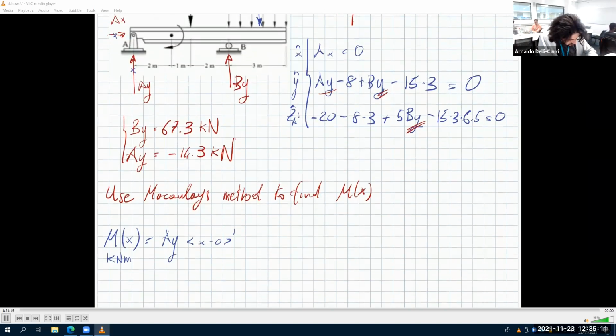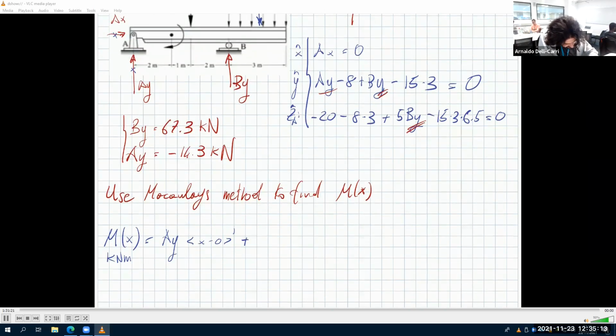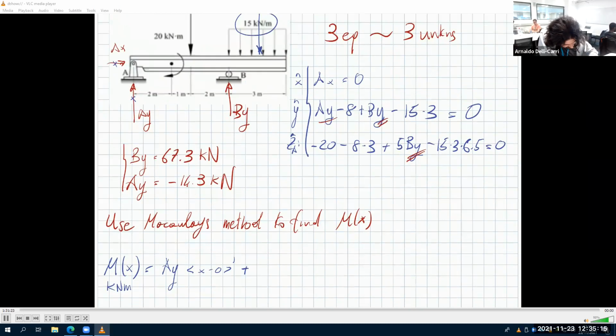Plus M0, which is 20, times x minus 1 to the power of 0. Why to the power of 0? Because it's already kilonewton meters, so this one must be nothing. Why is it positive? Because it says so in the Macaulay's method tables.